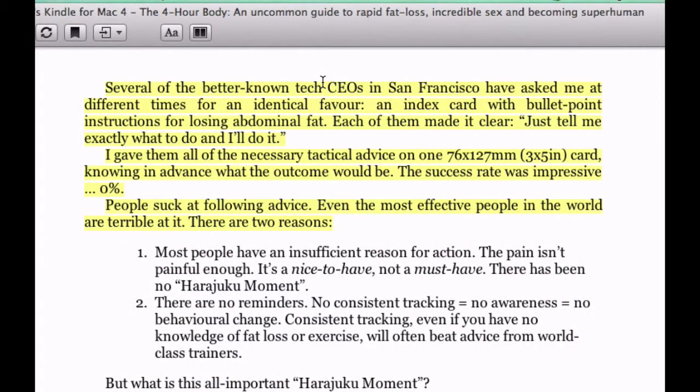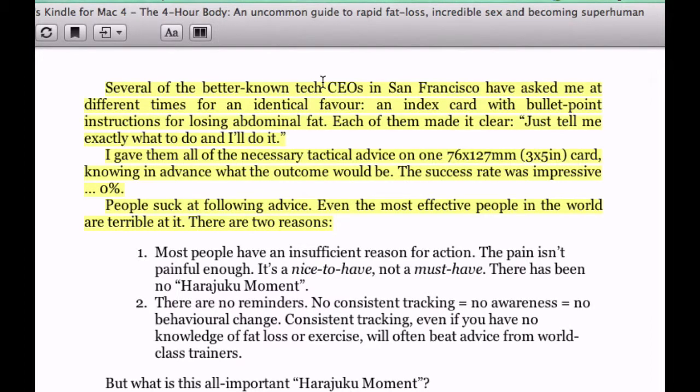Since Tim's become famous, he says that a lot of the big business leaders in Silicon Valley, i.e. Mark Zuckerberg from Facebook, have asked him for a favor. What these guys say is, look, write down everything I need to do to get a six-pack, to lose abdominal fat. Write it all down on one little bit of paper and I will do it. And basically no one ever does it. No one has ever done it.